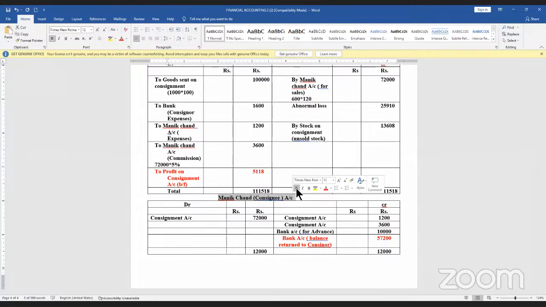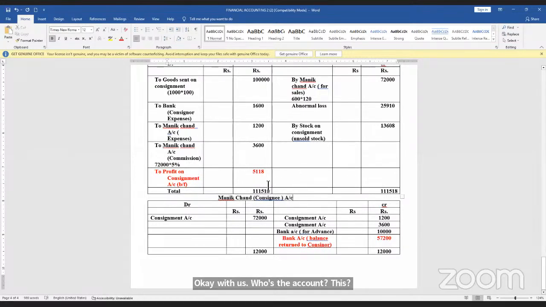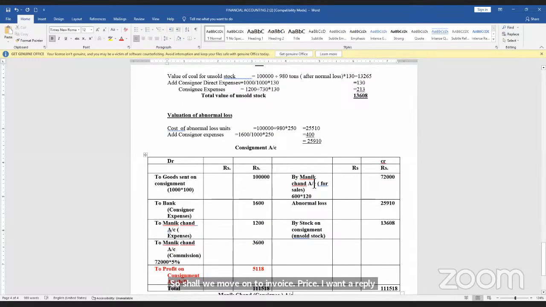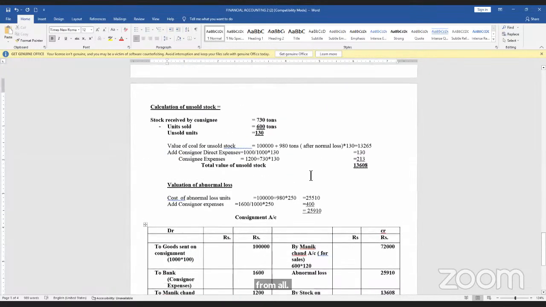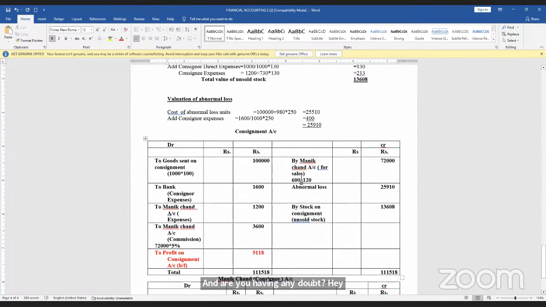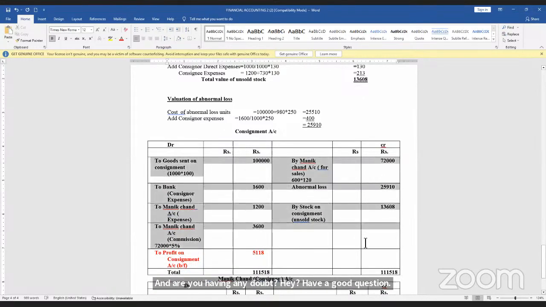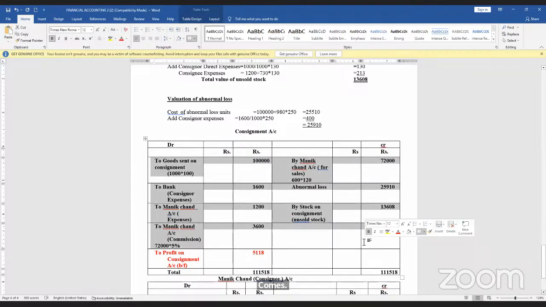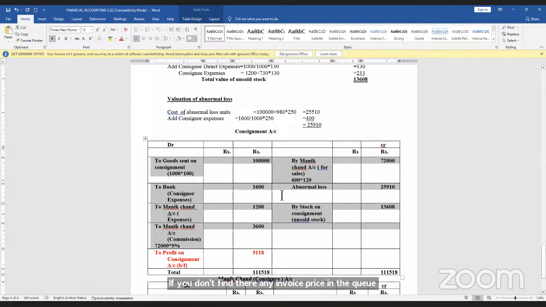So shall we move on to invoice price? I want a reply from all. Are you having any doubt? See, however the question comes, this basic format already exists as it is. If you don't find any invoice price in the question, all this exists in the question.